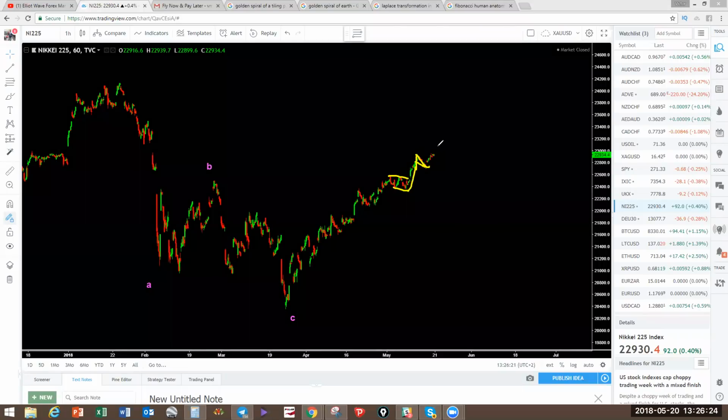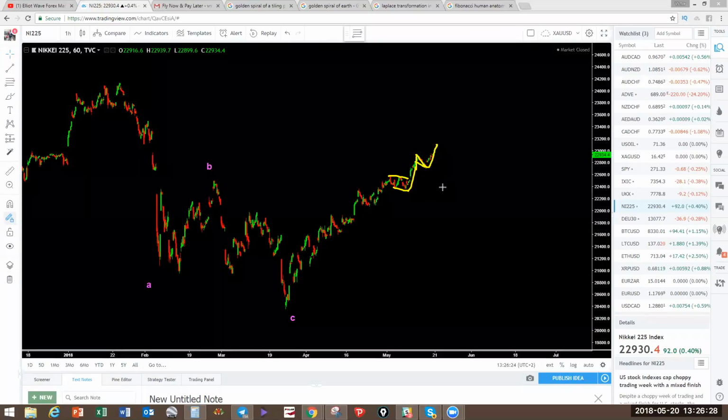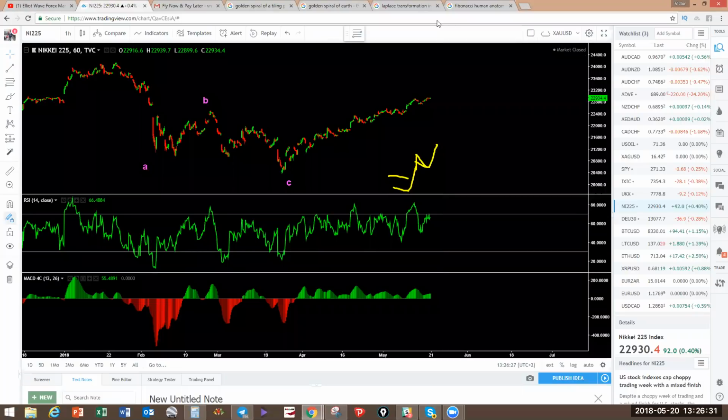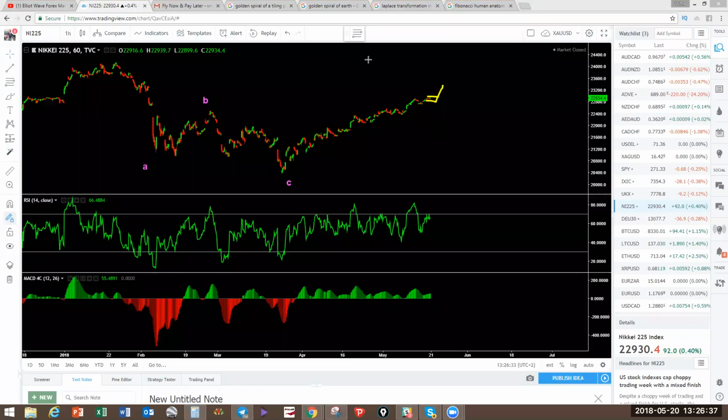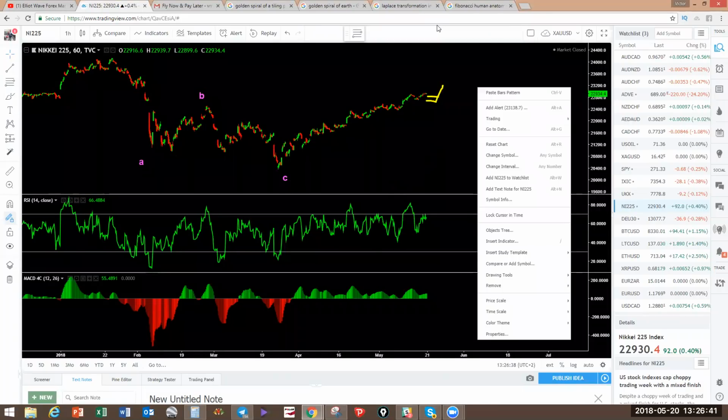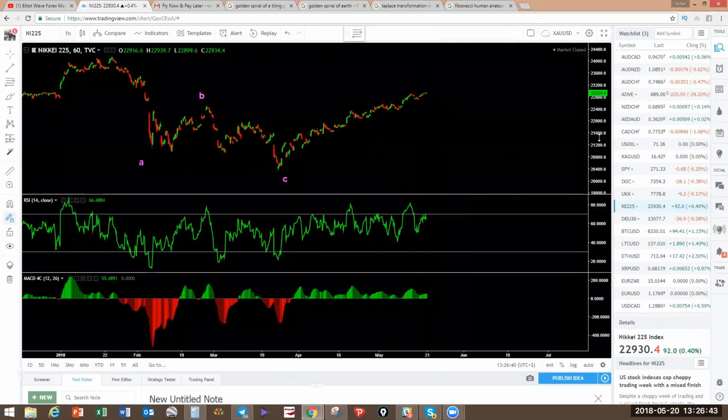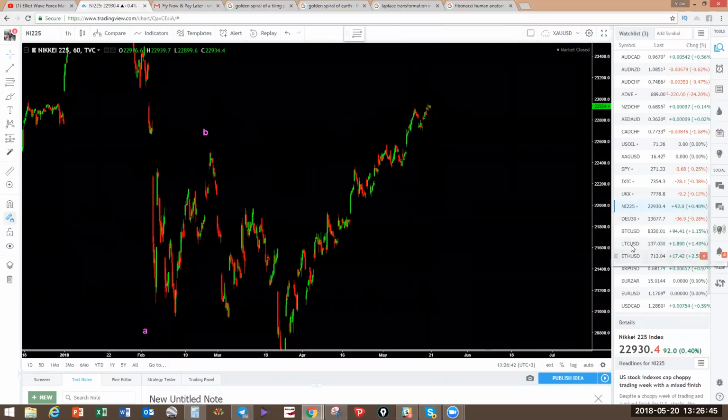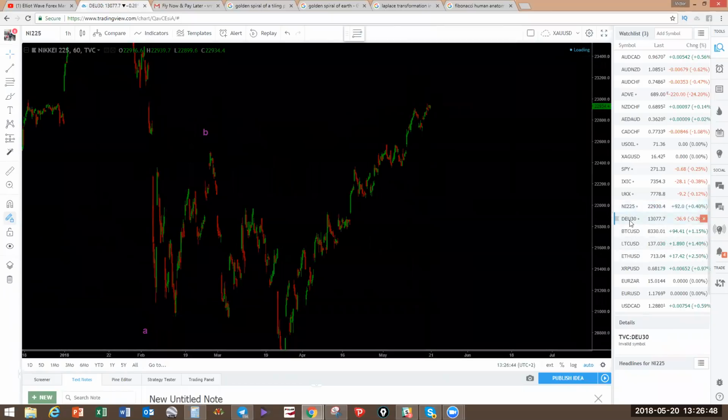Then that's what we expected. We said we're going to get a move to the upside. Let's see if there's any kind of divergence. No indication of downside, so we still look for continuation. Very short moves. You still look for continuations to the upside. That is the Nikkei, the DAX, or the FTSE first.